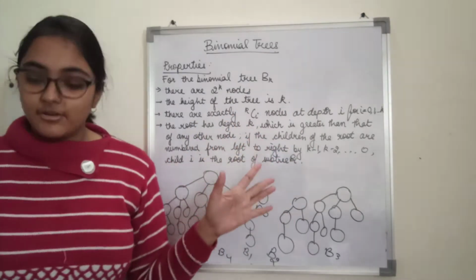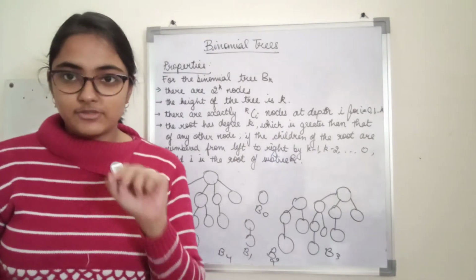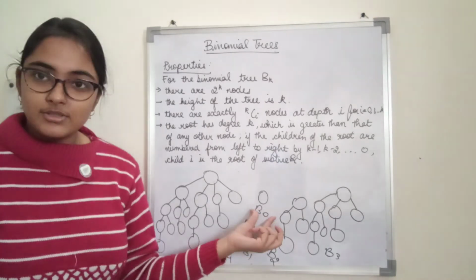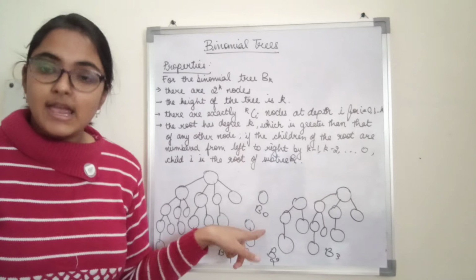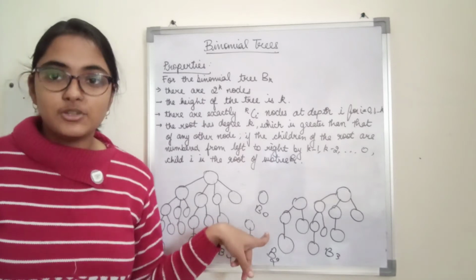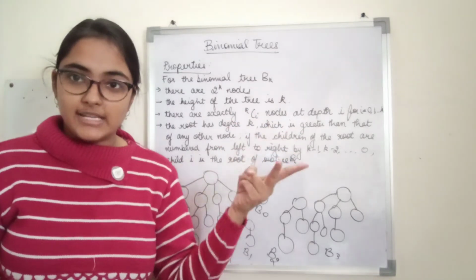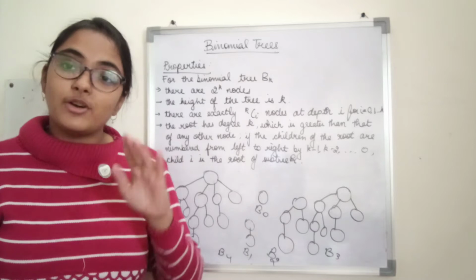But here we will take the basis for k equal to 0. The base condition is this: it has 2 power 0 nodes. So B0 is the basis, and then we assume this to be true for n equal to k minus 1, and then we derive it for n equal to k. In normal induction we assume it to be true for n equal to k.